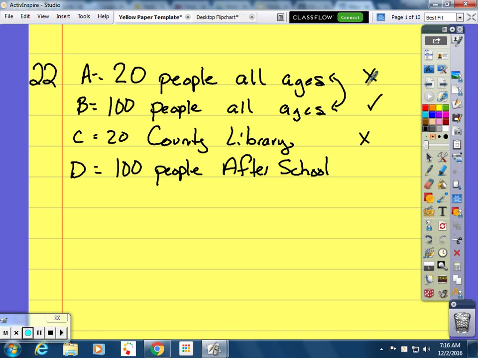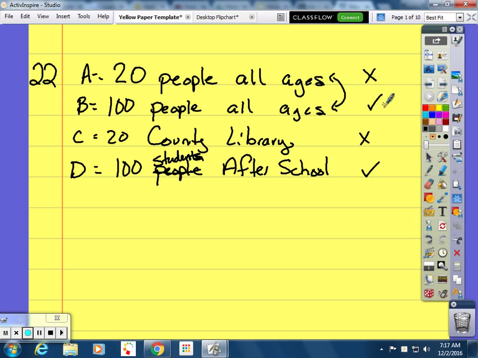So then he's going to go to 100 people at an after-school fundraiser. No, it says 100 students. That makes all the difference in the world. 100 students at an after-school fundraiser. Well, in this case, he is actually talking to the kids from the school. So we've got that 100 is better than 20, but it's 100 people.